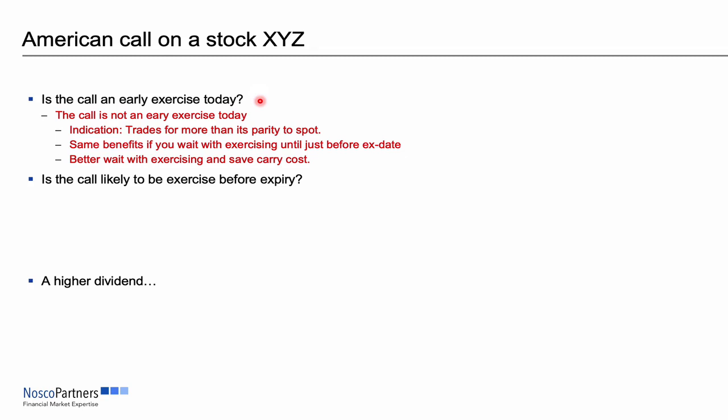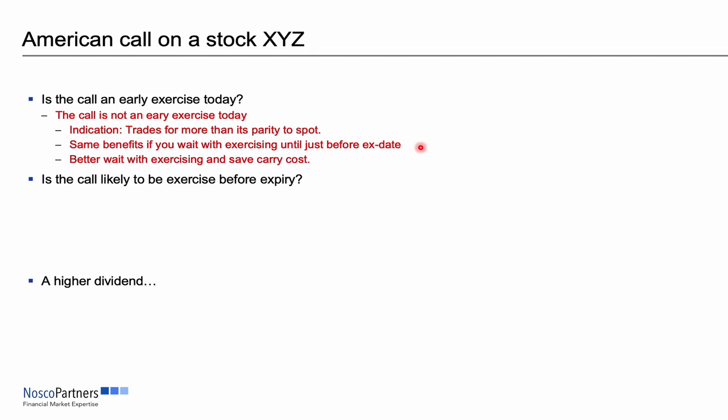So the benefit of early exercising is the dividend, but I get this dividend even if I exercise tomorrow or the day after tomorrow. So the benefits do not change, but of course the costs of early exercising change. If I exercise today, my costs are higher because I have to fund the strike price for a longer time.